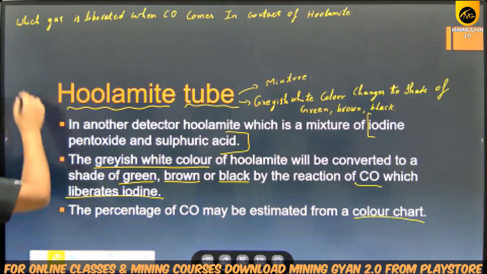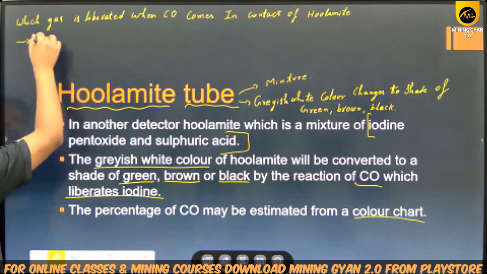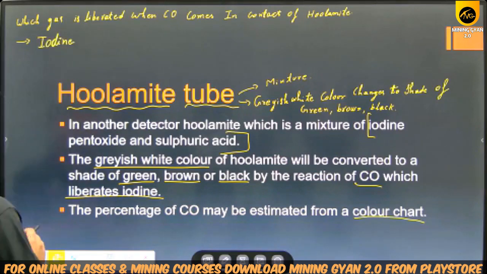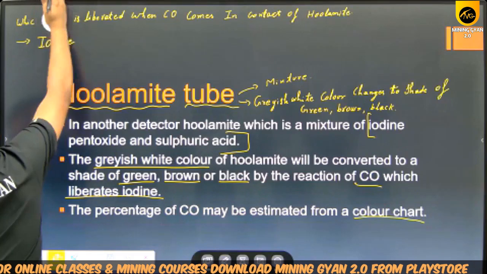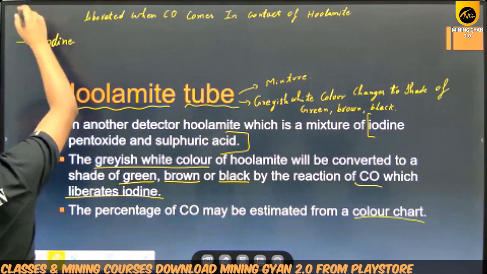Which gas is liberated? Answer is iodine. Which thing is liberated? Because it is not written over here that gas is liberated. Which thing is liberated? Just write.